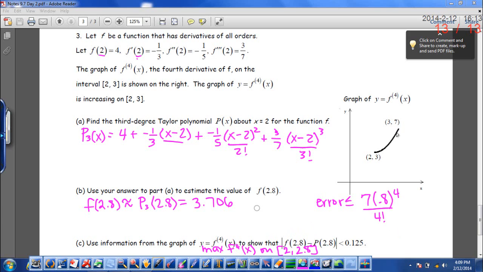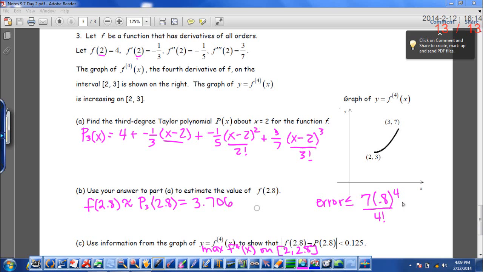Okay, so please do not guess that the fourth derivative at 2.8 is about 6.5. You cannot do that. You have to use what you know beyond a shadow of a doubt. And it's okay because we're just looking for a bound on this error. If this number is even a little bit bigger than what it should be, that's okay. I know that my error is going to be at least smaller than that.